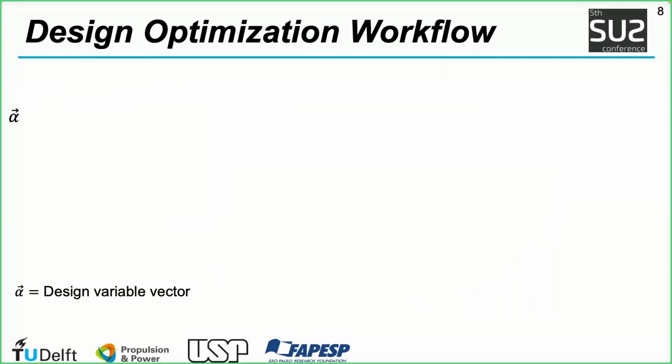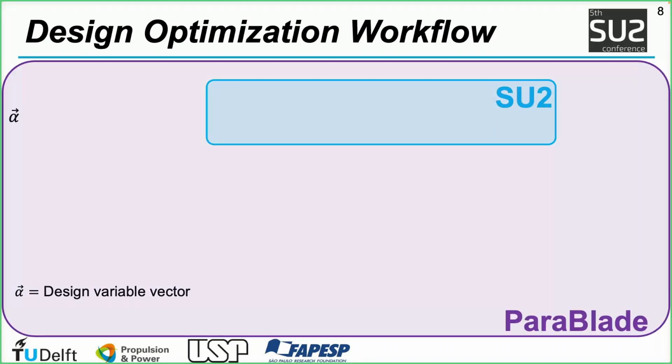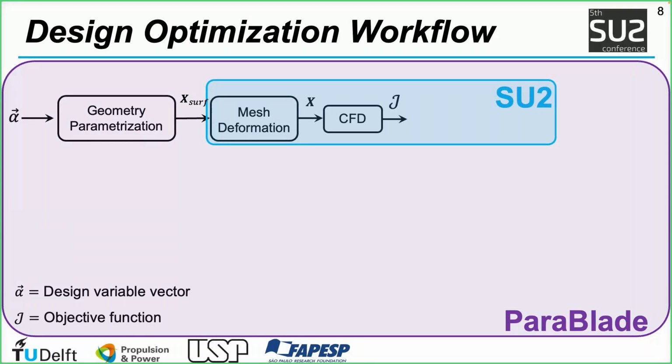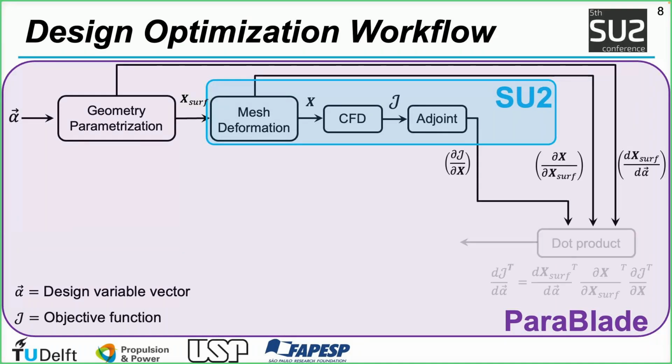Parablade can also orchestrate the entire optimization workflow. We start with a design variable vector, and to show which part does what between SU2 and Parablade: we parameterize our geometry to obtain a surface, use the surface to deform and obtain a volumetric mesh, run the CFD, obtain our objective function, and use adjoint capabilities to assemble our final sensitivities with respect to our design variables.